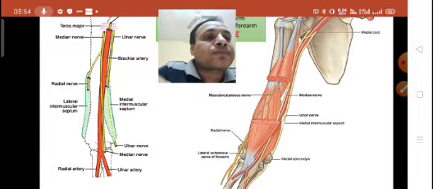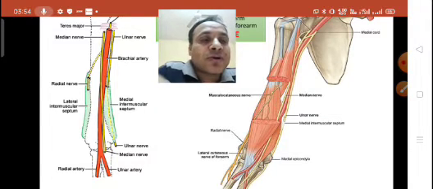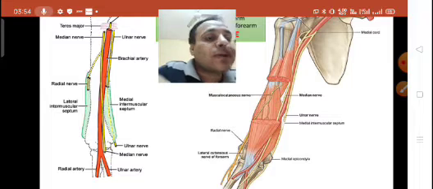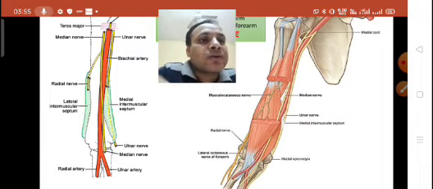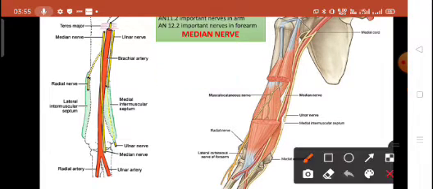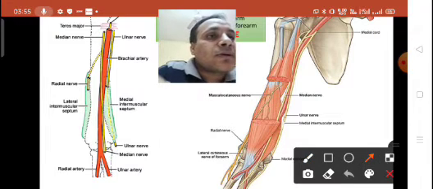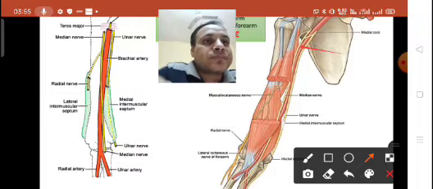Then the course and relations of the median nerve in the axilla and front of the arm. You see in this diagram, this is the median nerve.